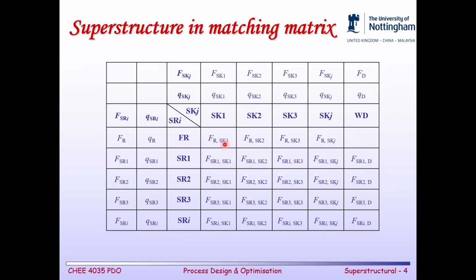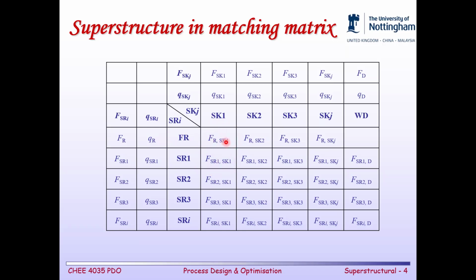So what do we mean by, for example, this cell that I'm referring to? The subscript is R1 SK1. This would refer to the flow rate from source 1 to SK1. Whereas this cell right here would refer to the flow rate from the freshwater source to SK1.